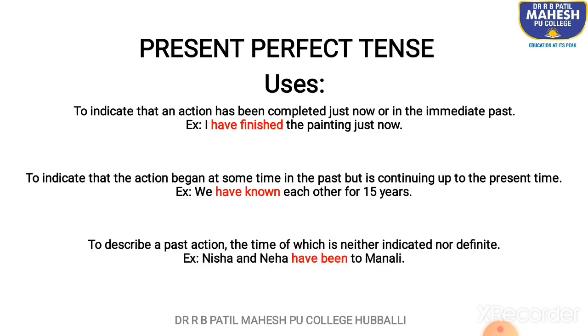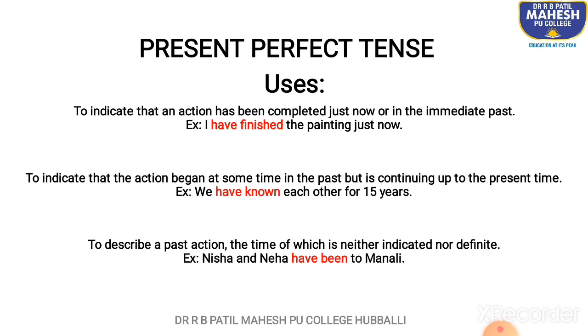Okay, the next one here. To describe a past action, the time of which is neither indicated nor definite. Now, sometimes we use present perfect to speak of an action where the time has not been indicated and is not even definite. For example, here, Nisha and Neha have been to Manali.